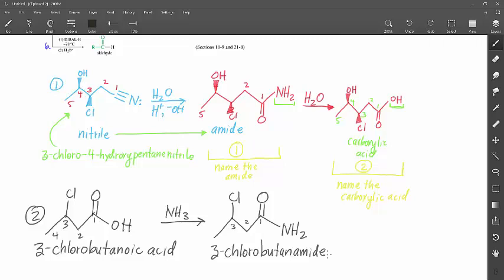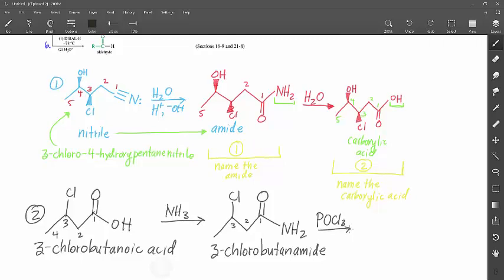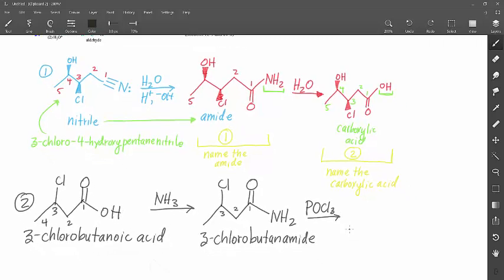Okay? Now, from this amide, we can treat it with POCl3, and an amide with POCl3 is going to give us back the nitrile. Okay? Count the number of carbons that you have: 1, 2, 3, 4.